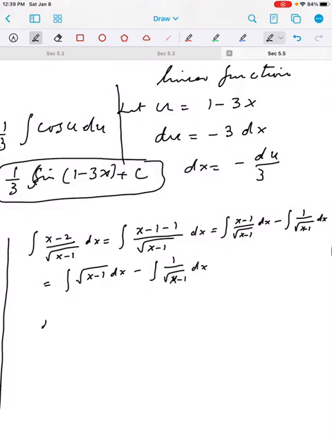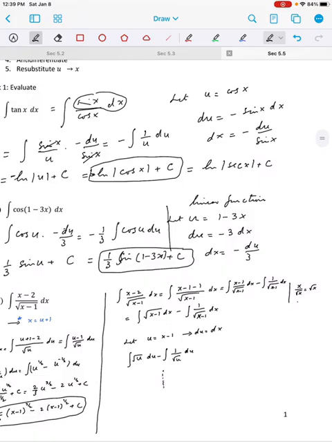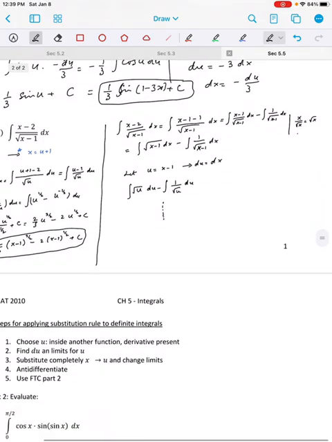And now you can see we can do our substitution, let u equals x minus 1. So du is dx, and our integral becomes the integral of square root of u du minus the integral of 1 over square root of u du, which is the same thing we just had, and we end up getting the same answer. So you can continue and finish this up. So this is how we do these problems.